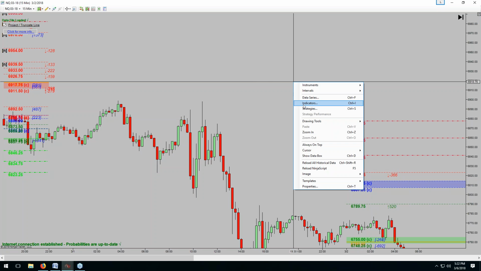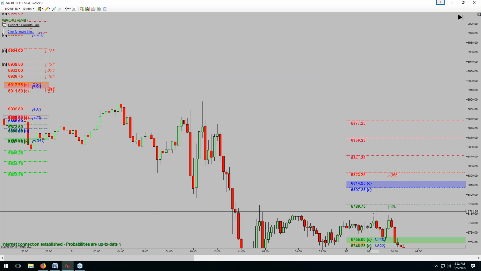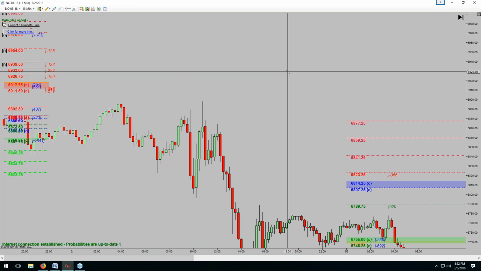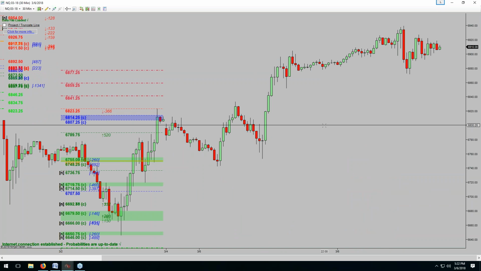Why didn't that extend out? Let's see, maybe I put it in the wrong order. Let's see, this one here is the second. Okay. I'm going to put this on a 30-minute so we can see all the info here.